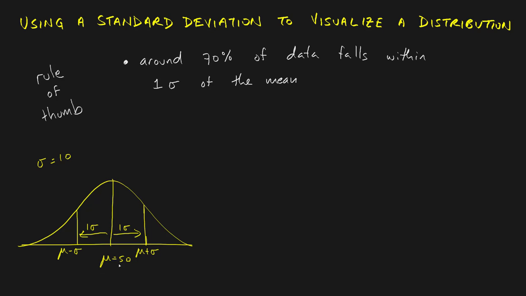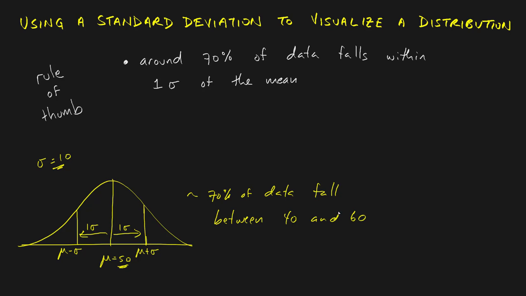If I can figure out what my mean is and what my standard deviation is, then I could say that around 70% of my observations fall between those two values. The mean minus the standard deviation, so 50 minus 10, would be 40. And the upper limit would be 50 plus 10, which is 60. So 70% of my data should be between those 2 points.